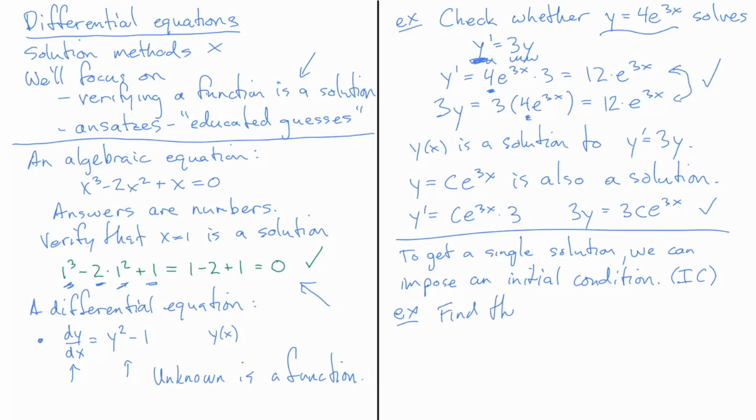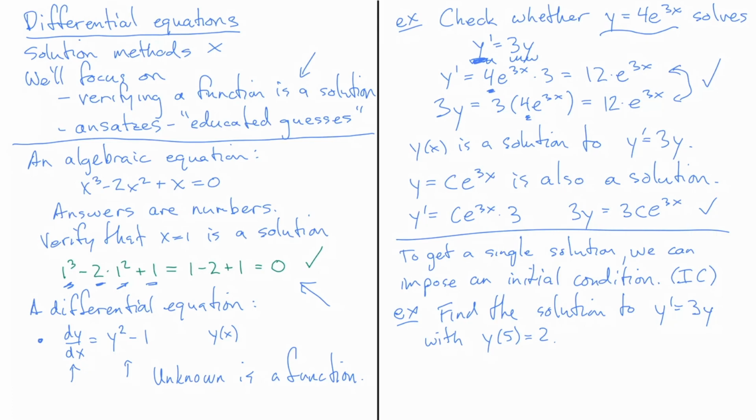Okay, so for example, then we could have a problem like this. Find the solution to y prime equal 3y that satisfies the initial condition y of 5 equal 2. Now when we say initial, it's often going to be the case that we choose the initial point to be at 0, so x or t equals 0, but that's not necessary.